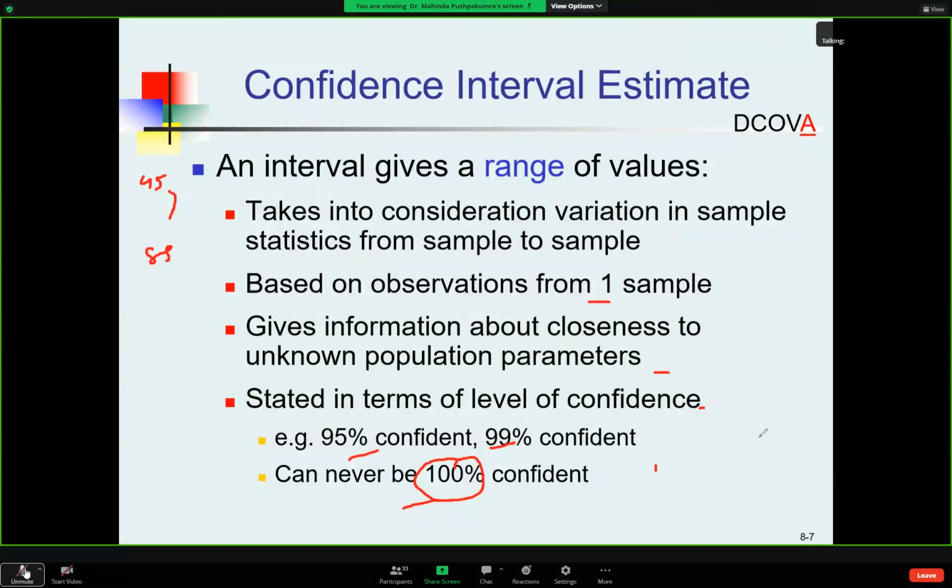The question is why we estimate a confidence interval. What is the importance of it? Any answer? One says: determine the confidence of the sample.